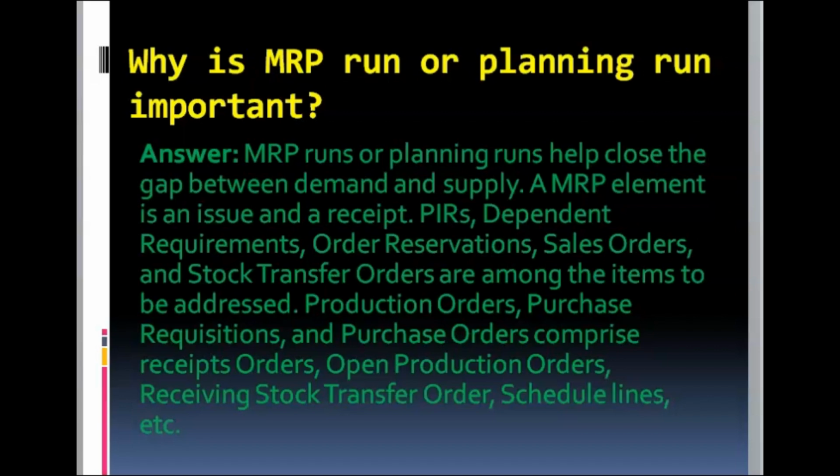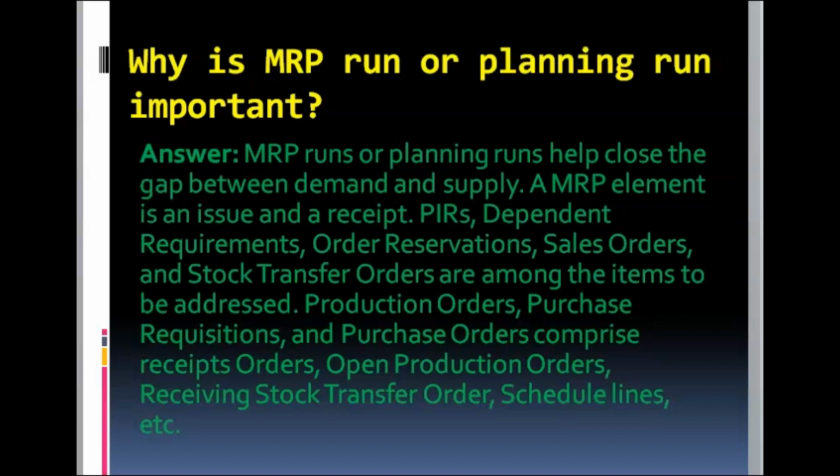Why is MRP run or planning run important? Answer: MRP runs or planning runs help close the gap between demand and supply. An MRP element is an issue and a receipt.